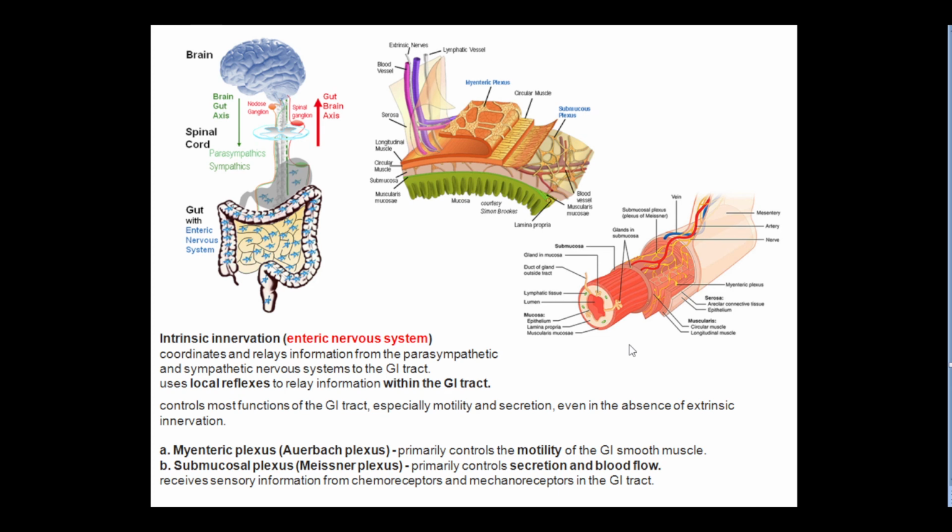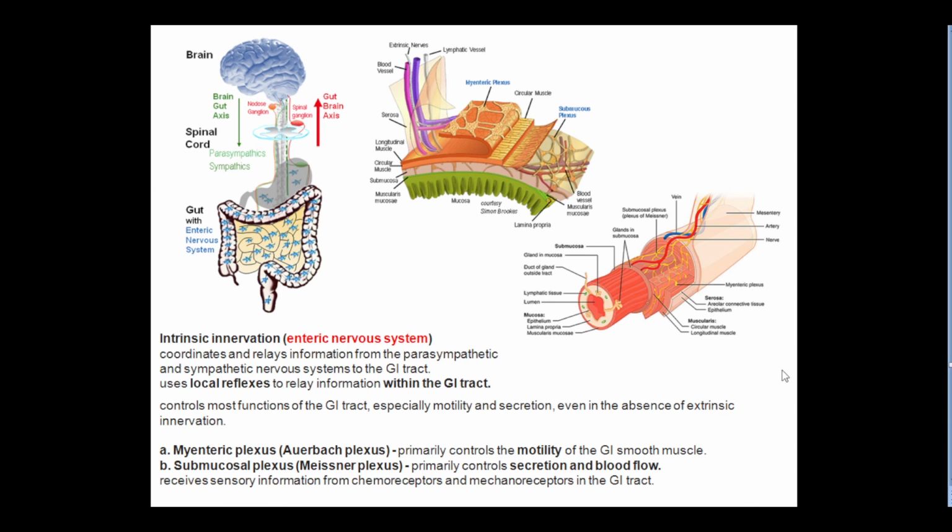And it will do so even in absence of extrinsic innervation, which means for the functions of enteric nervous system, you do not actually need sympathetic or parasympathetic nervous system. It can work by itself. And as you can see, myenteric plexus or Auerbach's plexus primarily controls the motility of the GI tract, which makes sense, it's within the muscle. And submucosal plexus, which is the Meissner's one, primarily controls the secretion and also the blood flow.